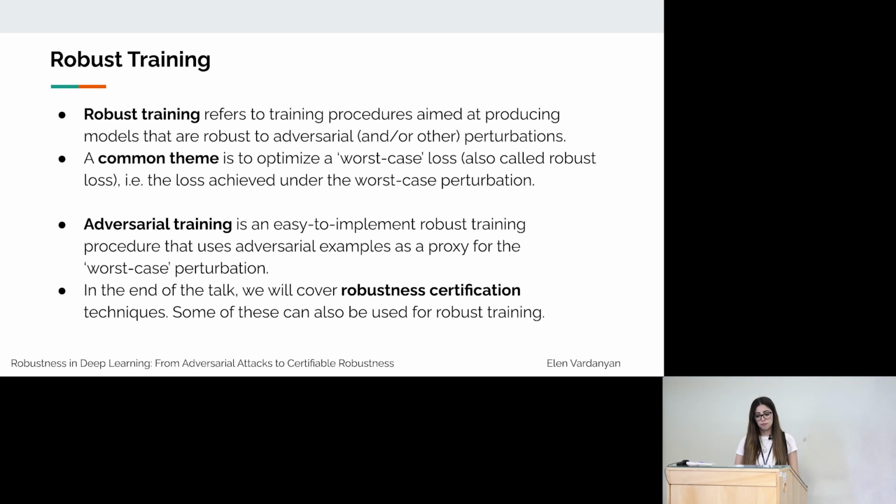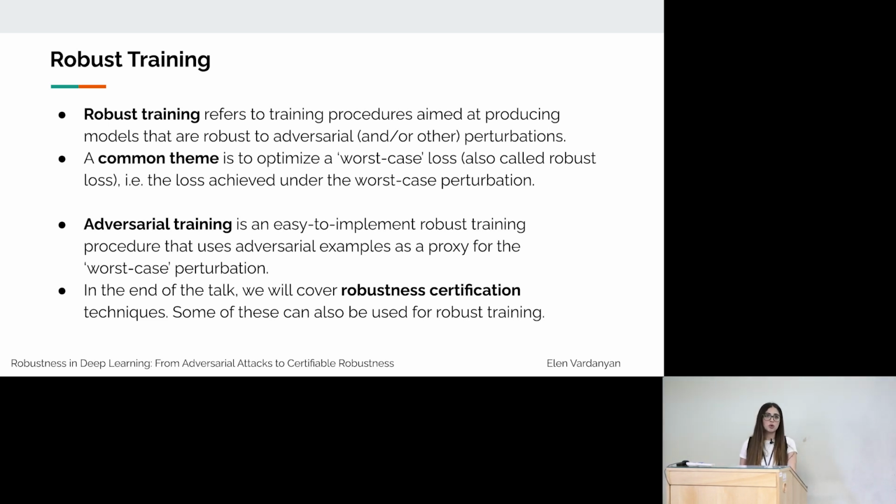Okay, so I want to introduce robust training, and then we'll go into more detail on one type of it, which is called adversarial training. Robust training is a group of training procedures that want to make the model robust to these adversarial perturbations. The common way of doing so is optimizing the worst-case loss, also called the robust loss.